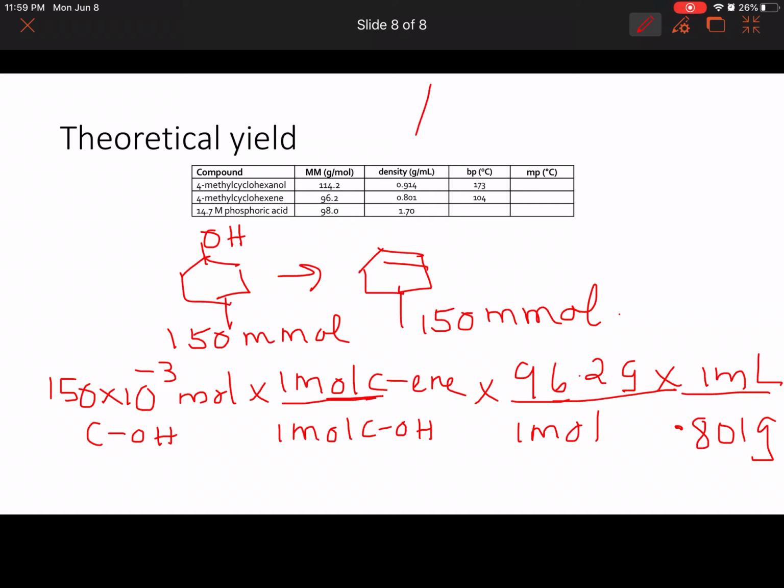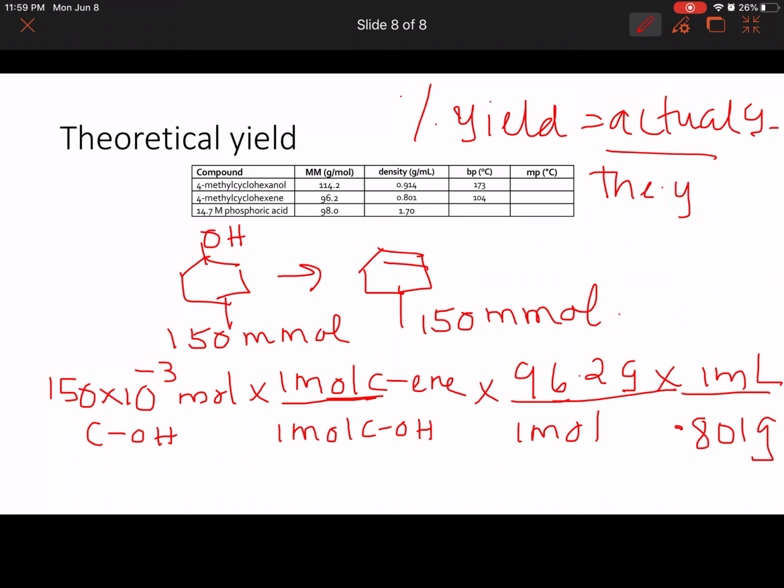And then the percent yield is going to be actual yield over theoretical yield, times 100. This will give you the percent yield. So you should be able to calculate the percent yield like this.